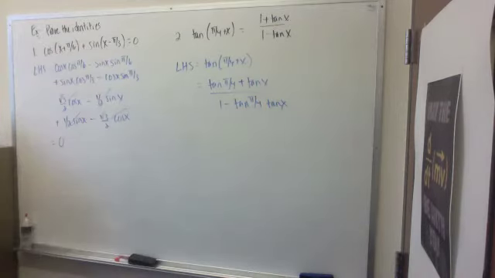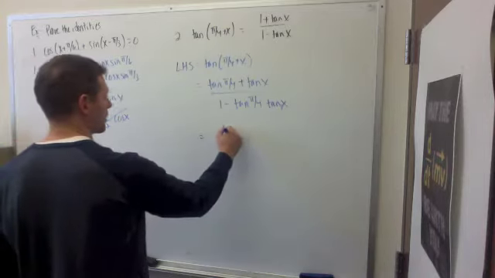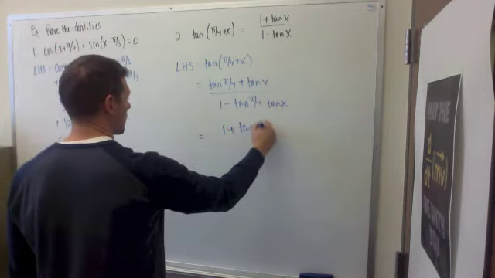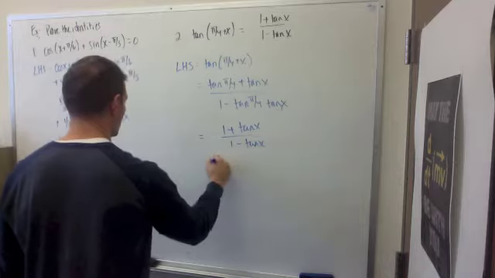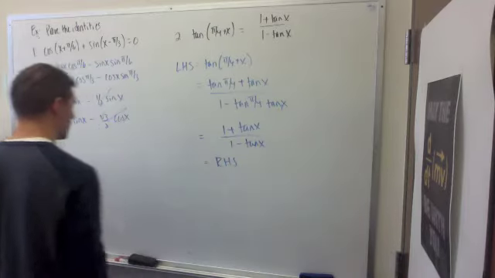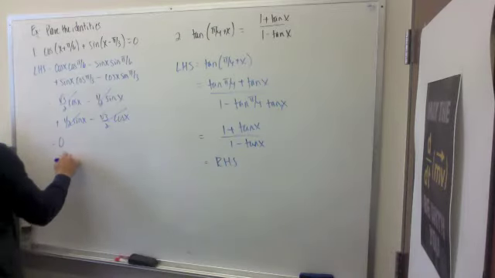Okay, so far so good. Tangent of pi over 4, of course, is 1. So this will be 1 plus tangent x over 1 minus tangent x, which equals the right-hand side. Oops, I forgot to put right-hand side in this one.